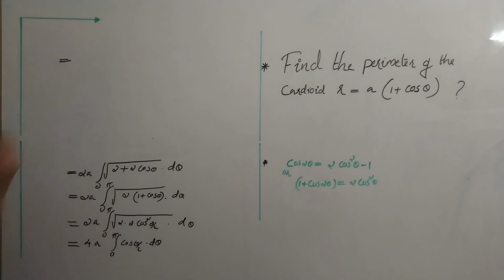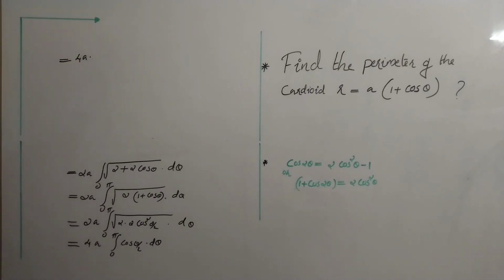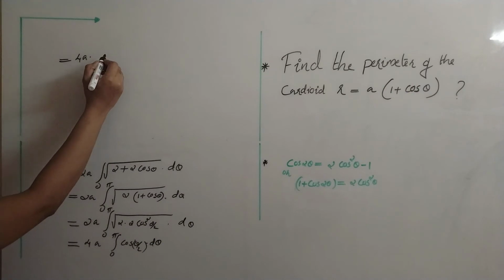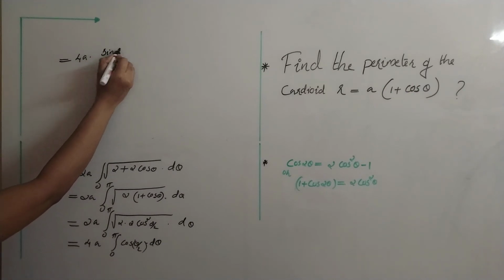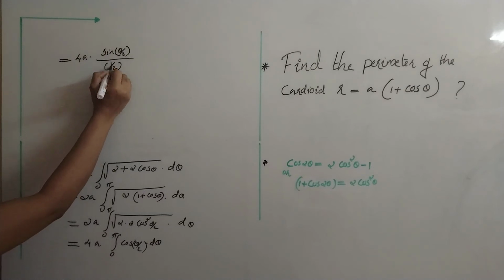This is equal to 4a times, the integral of cos θ dθ is sin θ. So instead of θ we have θ/2, and the integration becomes sin(θ/2) divided by 1/2.